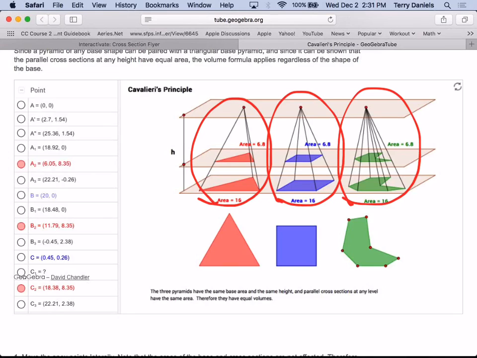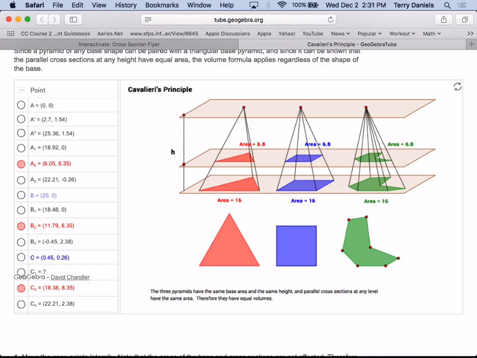But Cavalieri's principle tells us that they have to have the same volume, and the reason is because they all have the same height. They're all the same height. And in addition to that, the area of their cross sections is equal to each other. So the area of this cross section, that triangle, is 6.8, and GeoGebra is doing all the math for us.